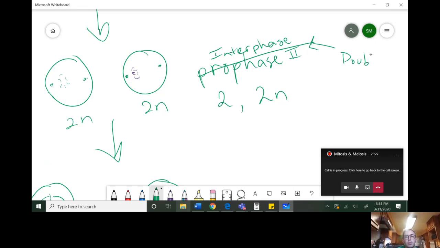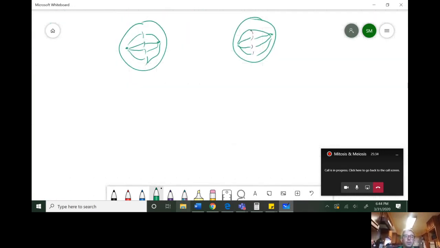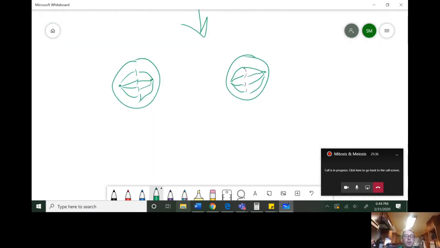I'll double check it and comment later. But let's focus on this. What happens with the next? This is Metaphase 2, sorry. Why do I want to keep calling it Anaphase? Metaphase 2. Cool beans.